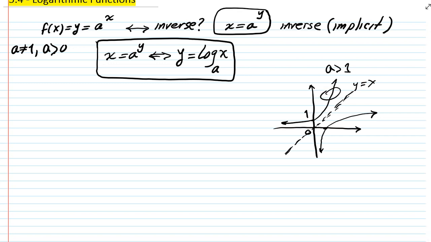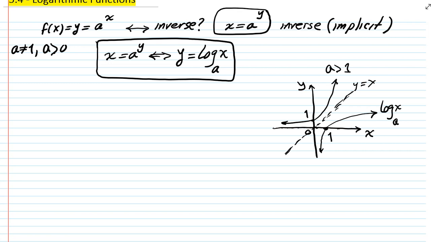And we have the graph of the inverse. The inverse is the log, so this is the graph of log x in base a. All log functions go through point (1, 0), just as exponential functions went through point (0, 1), except now they go through the x-intercept rather than the y-intercept. With the exponential function, we had the horizontal asymptote, the x-axis. Now we have the y-axis as the vertical asymptote.